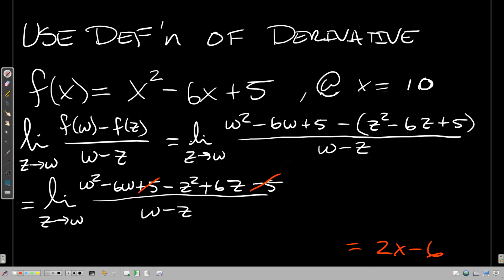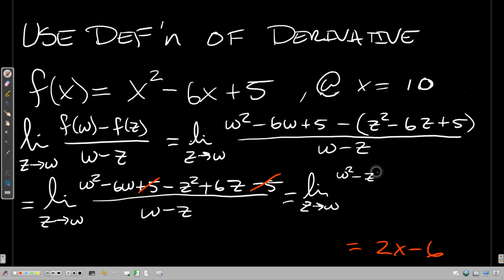These 5's cancel, and it would sure be nice if we could get a cancellation on a w minus z. And you can. Do a little bit of rearrangement here.